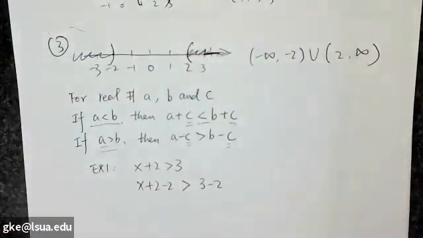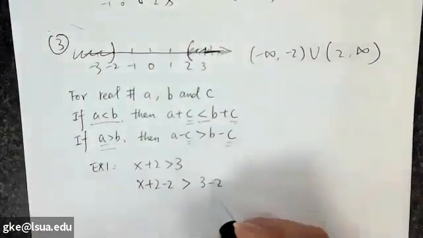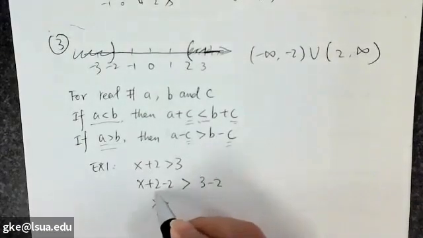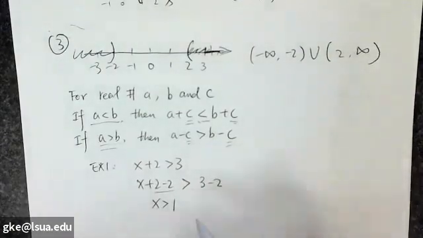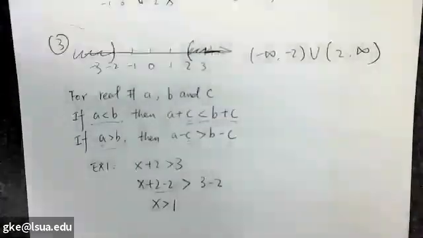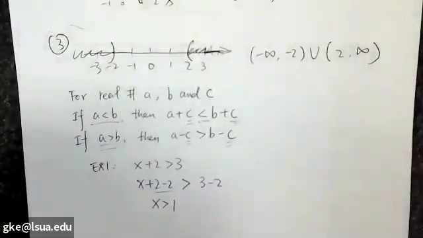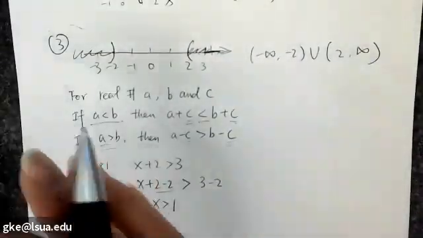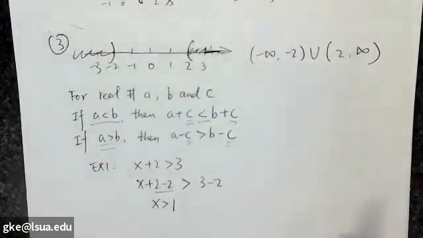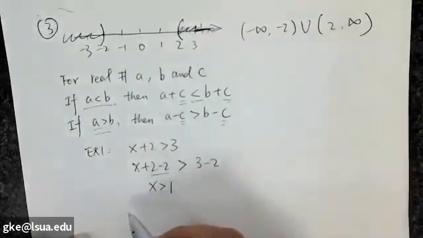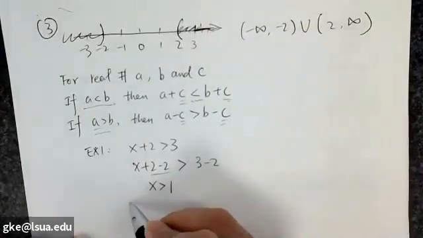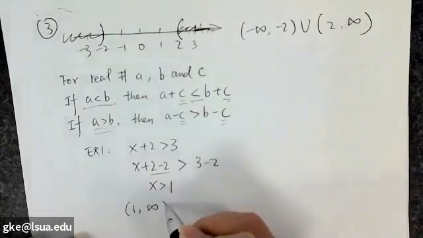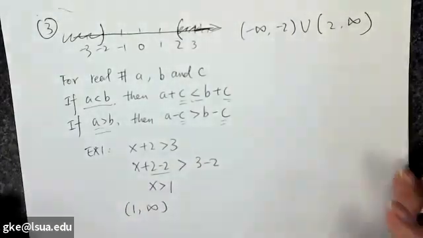We're gonna keep the sign the same. That's the principle, okay? So when you subtract this guy, you're gonna get x greater than 1. It's very similar to when you solve the linear equations, right? We solve it using subtraction for both sides, remove the constant, right? And of course, here you can use interval format, that is 1 to infinity, okay?